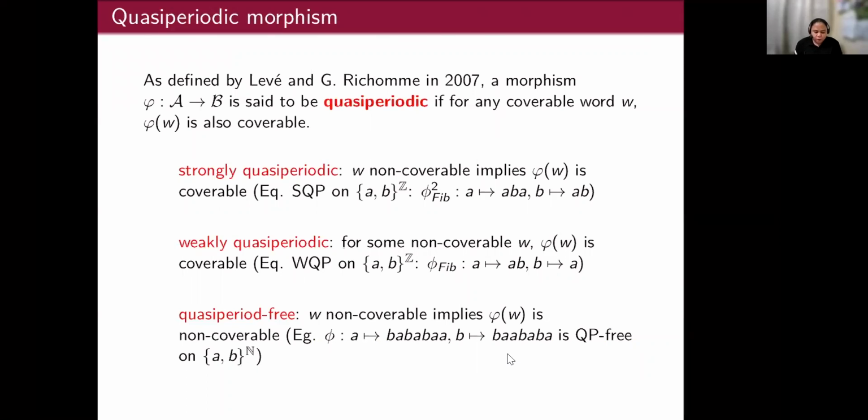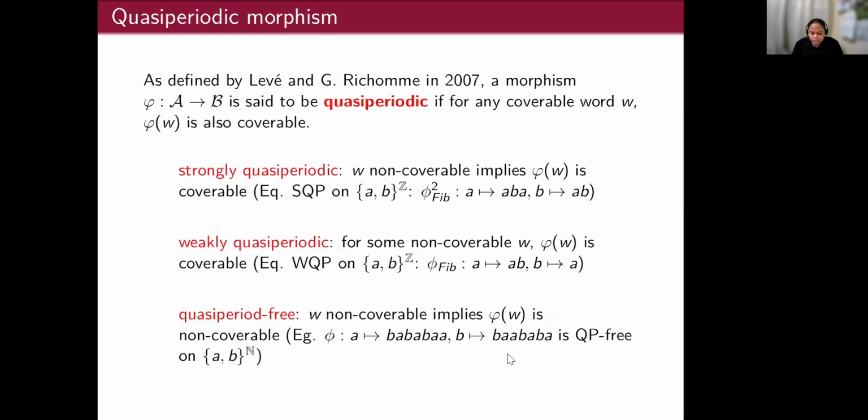Among the results of Levé and Richomme on coverability of subshifts, right infinite words, is the link between the coverability of right infinite Sturmian words and the morphisms that generate them. In their work in 2007, they considered morphisms called quasi-periodic morphisms.